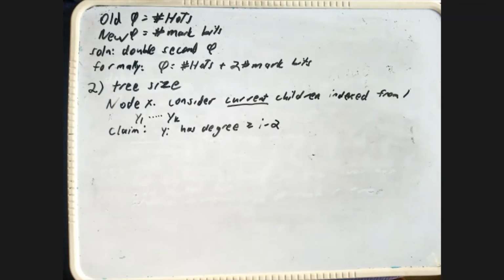In our tournaments, we said that if this node has degree d, then its children have degree d minus 1. And that lets us derive the exponential size bound because the degrees are not disappearing really quickly. Here we're saying, instead of having degree d minus 1, it still has a large degree. And this is going to be enough to let us recover that exponential bound. So how do we prove this?